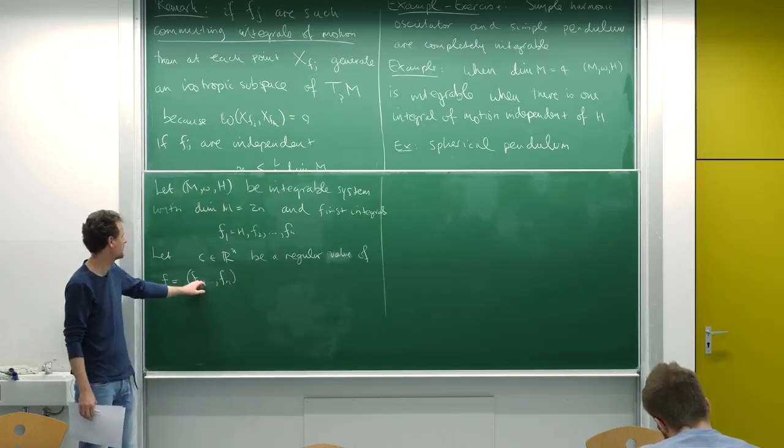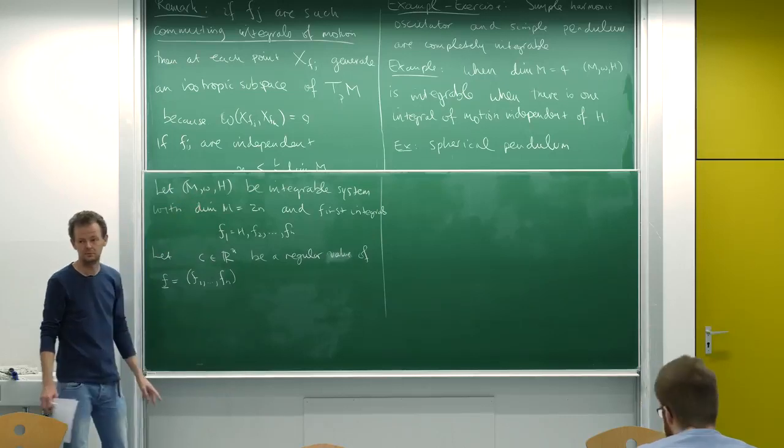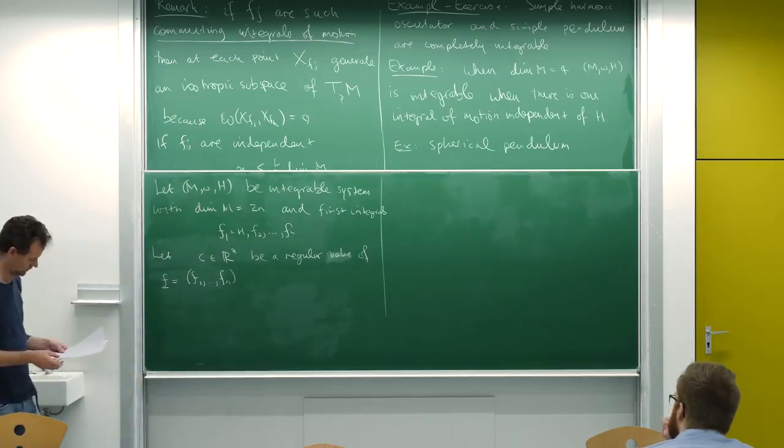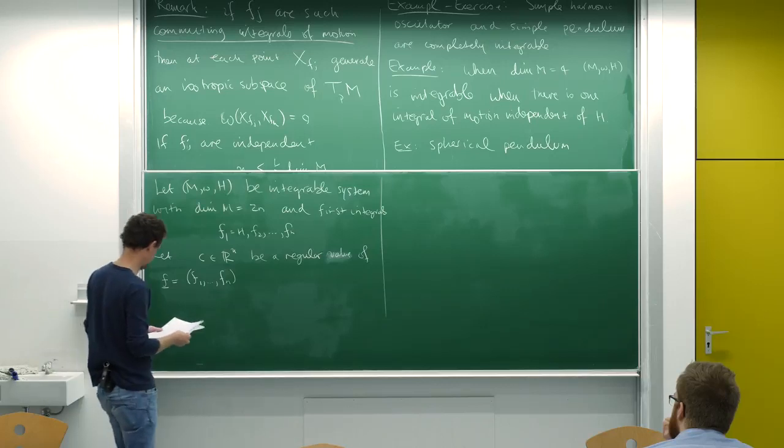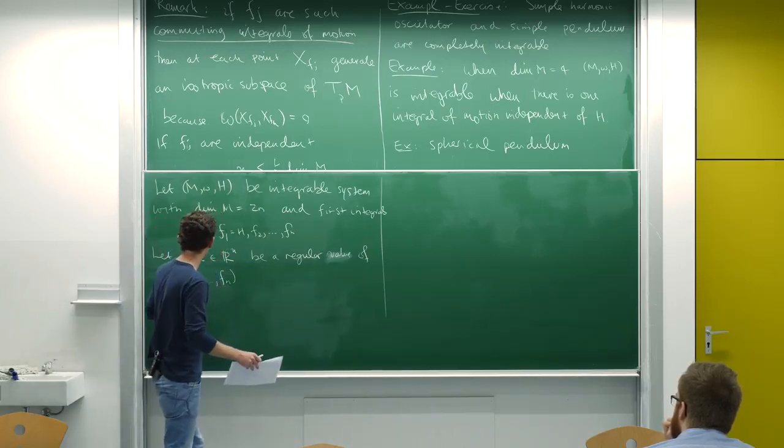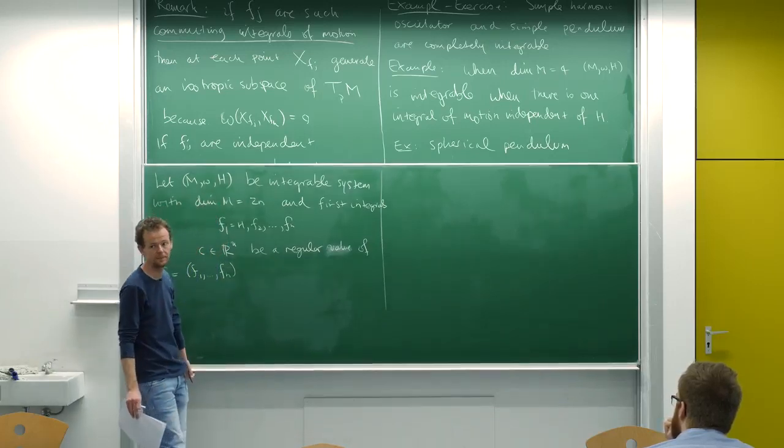So you can think of this as a map from M to R^n, and we take a regular value for this, so not a critical point.